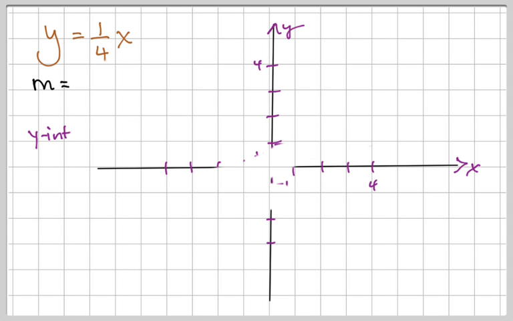No, let's do this one. y equals 1/4 x. I've seen that on tests before.